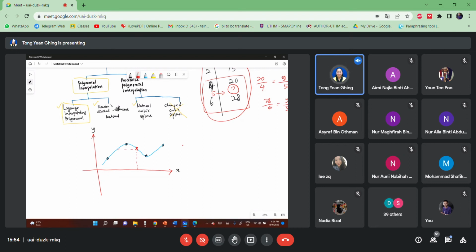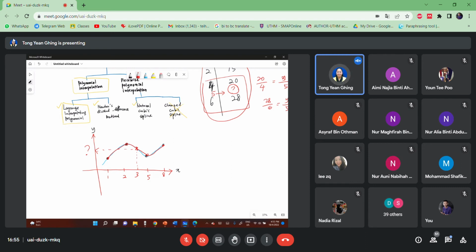What is the value here when x is equal to 3, let's say? So let's say this is 1, this is 2, and this is 5 maybe, and this is 8 maybe. So what is the value here? But we want to make sure that the graph is passing through all the points here. So that's why we use this polynomial interpolation, okay?